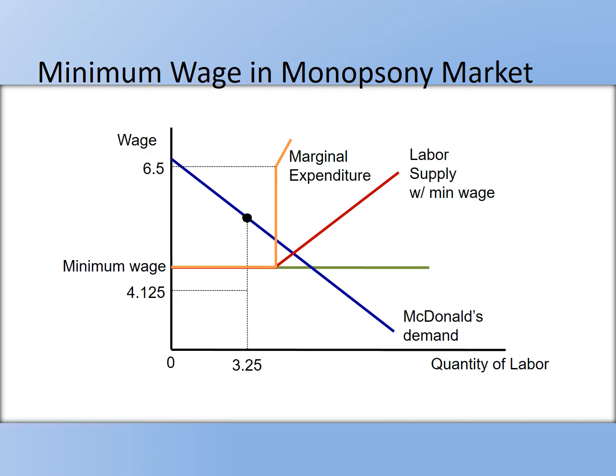That changes the marginal expenditure because as long as you are hiring minimum wage workers, there is no additional expenditure over what the last worker wants. The last worker wants minimum wage, then you're only paying minimum wage. You're not paying a raise for everyone else.